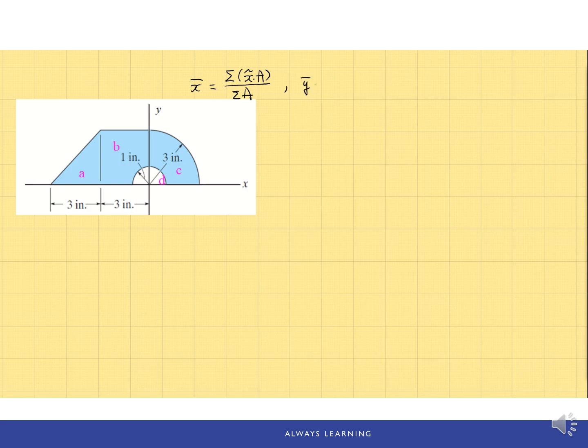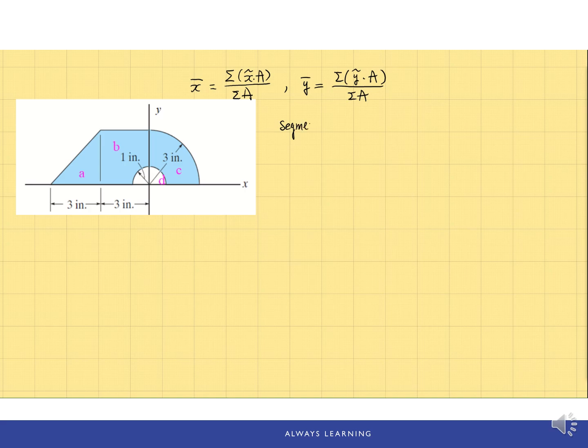And this is a 2D problem since we're looking for the centroid, so we only need to find x bar and y bar. For y bar, it will be the sum of y tilde times A over the sum of A.